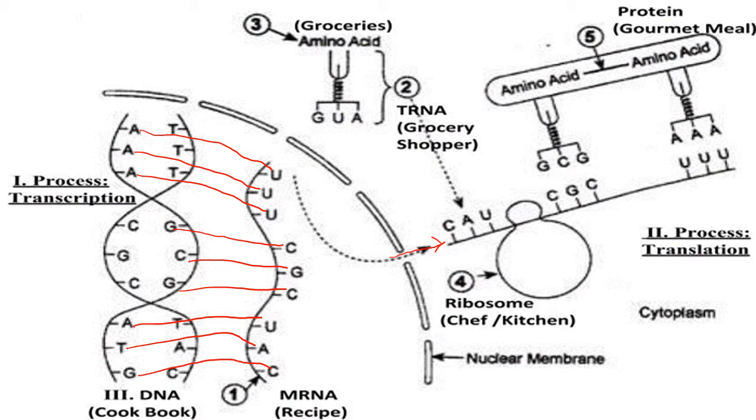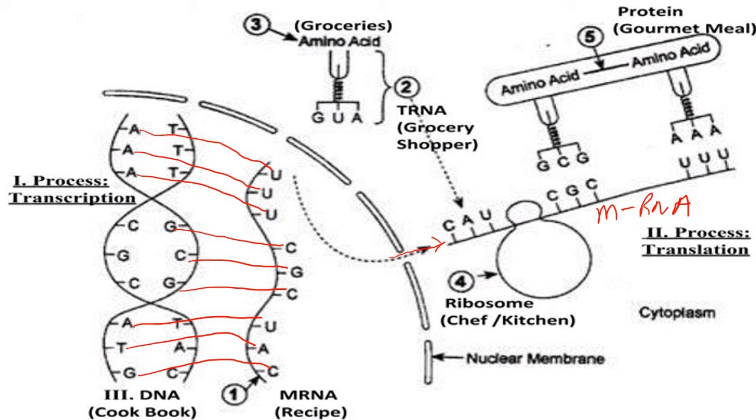Now, immediately we must recognize that this molecule here, long string of letters with U's, is the mRNA. Just instead of being pictured inside of the nucleus, we now see it outside of the nucleus at the ribosome. Now, this mRNA is what is used to determine the order of amino acids.